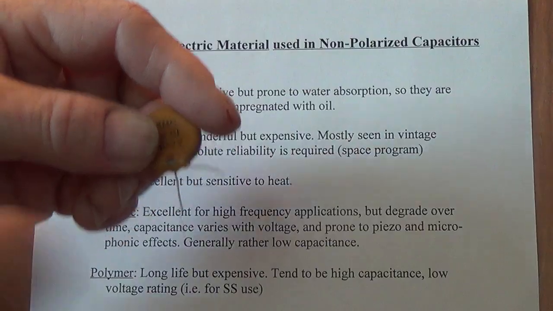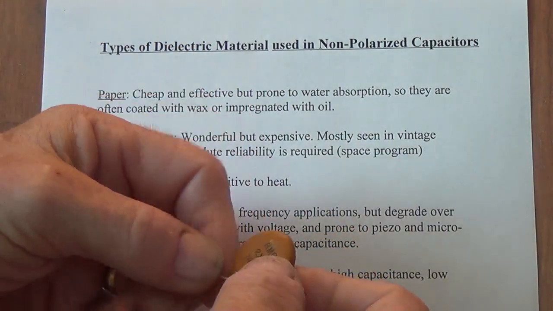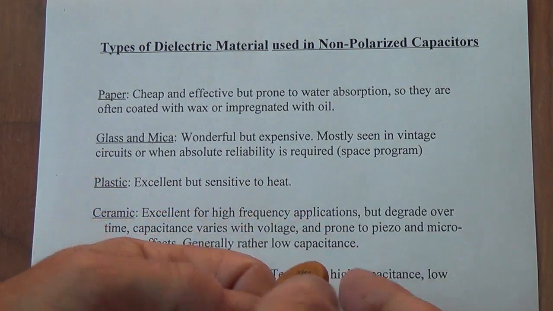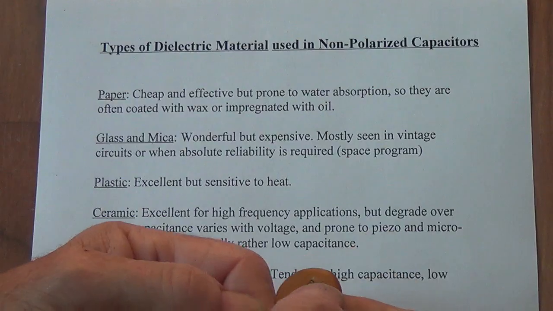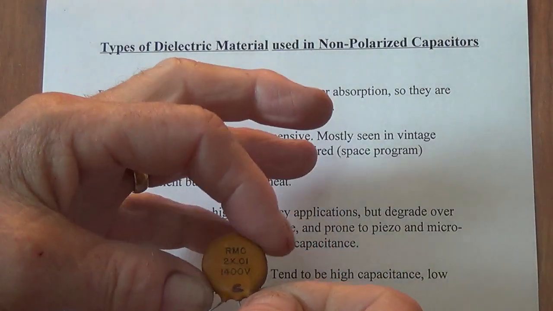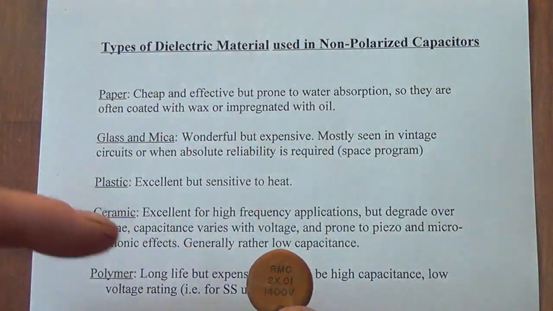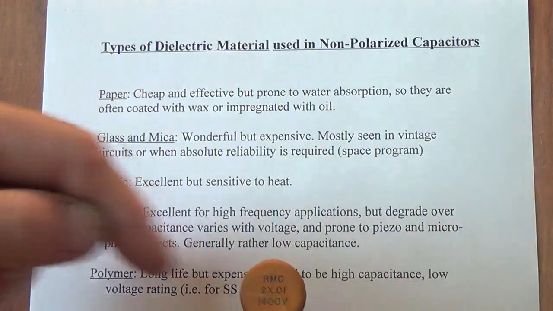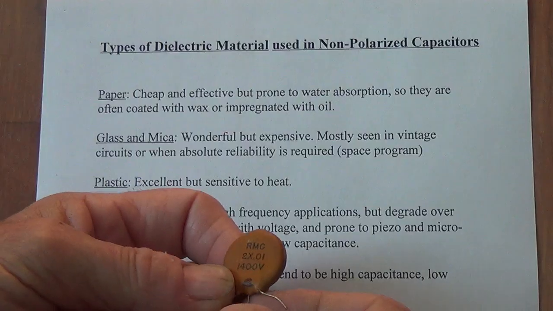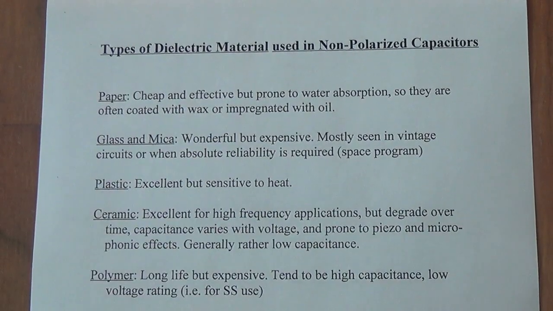Now that's just peachy for ceramic phonograph cartridges, but when you have a ceramic capacitor like this in a circuit and it's subject to a lot of vibration, you may actually be getting some electricity being generated within. Remember, these are supposed to be passive. They're supposed to affect the flow of current through them. They're not supposed to generate it. So that would be a very small shortcoming of ceramic capacitors.